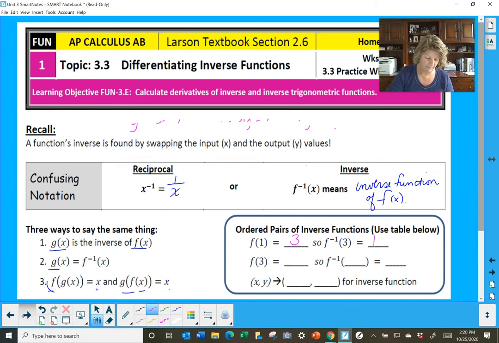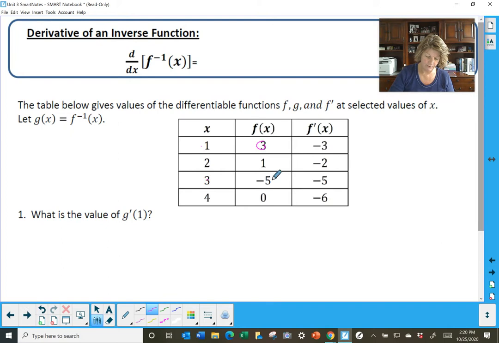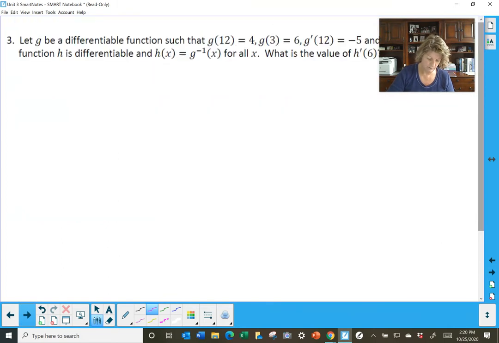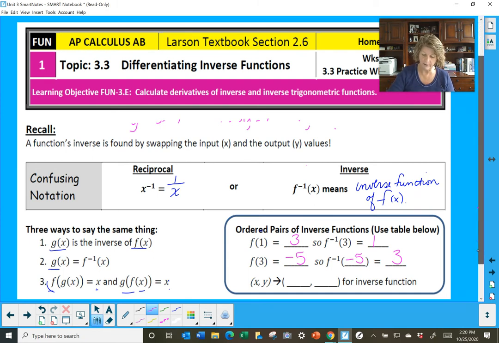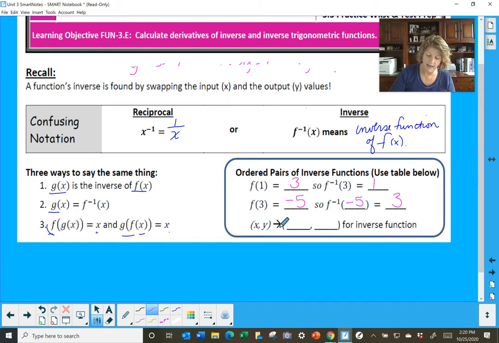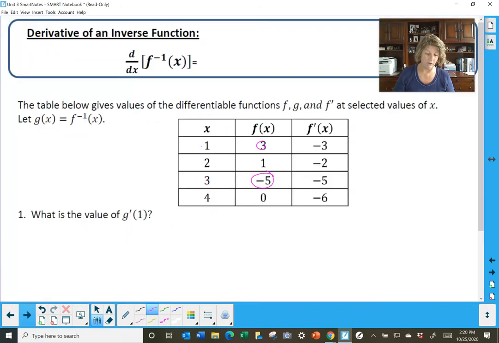If I look up, f of 3 gives me negative 5. So then f inverse of negative 5 equals 3. Domain and range switch. So if I have x and y, it becomes y and x for the inverse function. That is a key understanding to have as we go forward too.